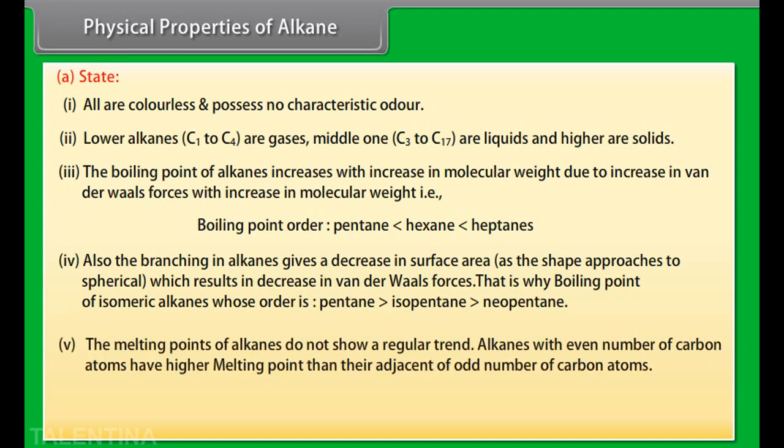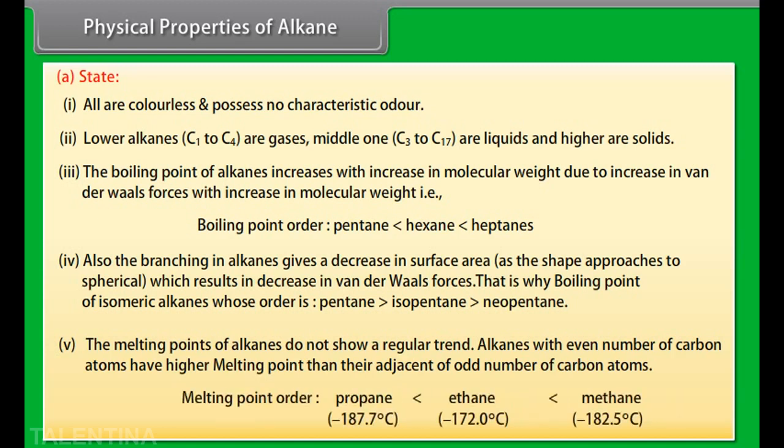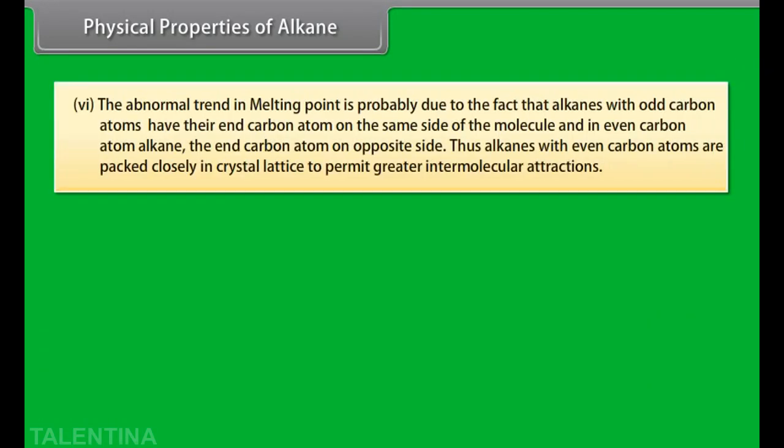Number 5. The melting points of alkanes do not show a regular trend. Alkanes with an even number of carbon atoms have higher melting points than their adjacent odd-numbered alkanes. Melting point order: propane is less than ethane is less than methane. Number 6.